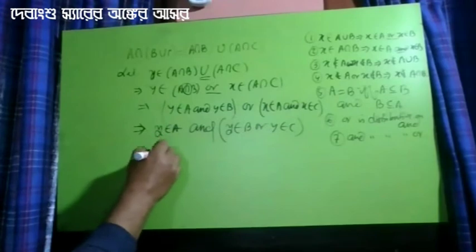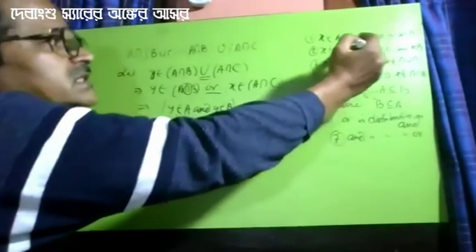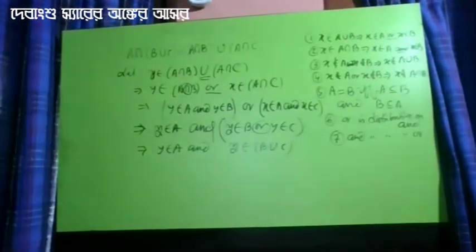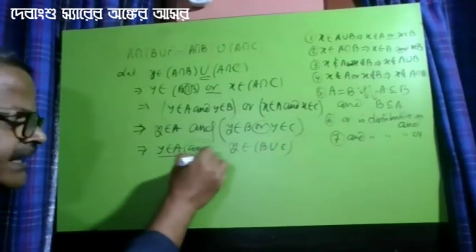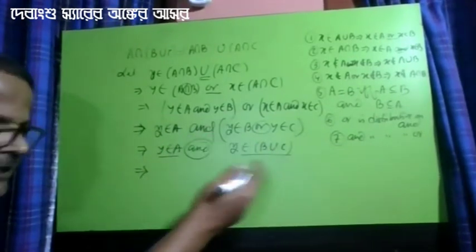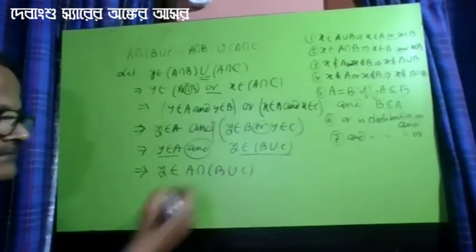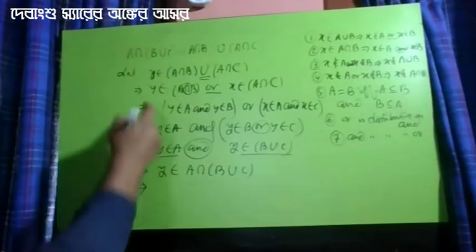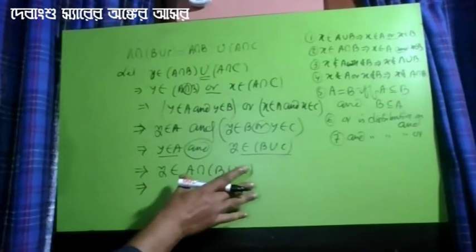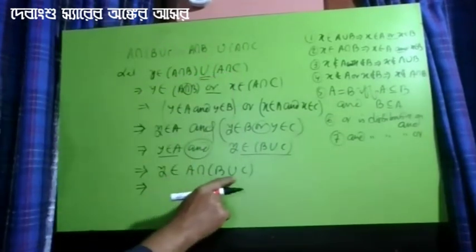That implies Y belongs to A and, since it is OR, or means in union, Y belongs to B union C. Now see Y belongs to A and Y belongs to B union C. Since it lies in both A and B union C, it lies in A intersection (B union C). And that is established: I have considered Y from this set, and then I proved that Y is also in this set. That establishes that all elements of this set are elements of this set also.